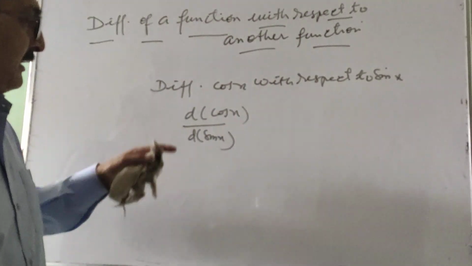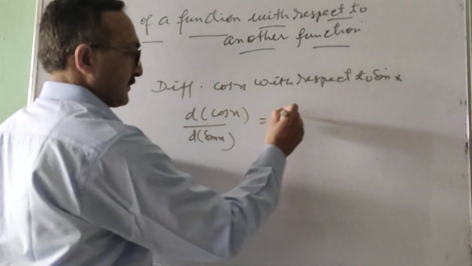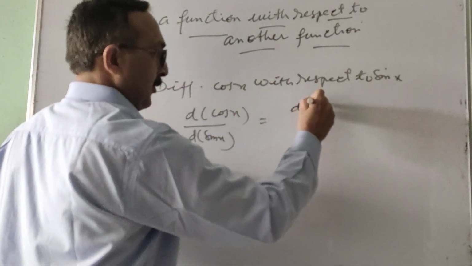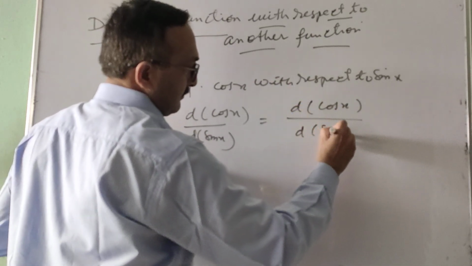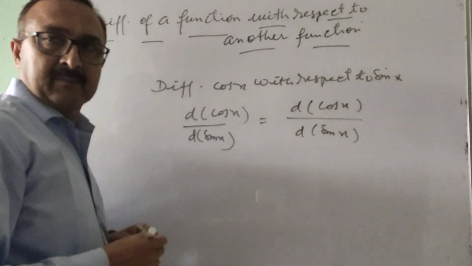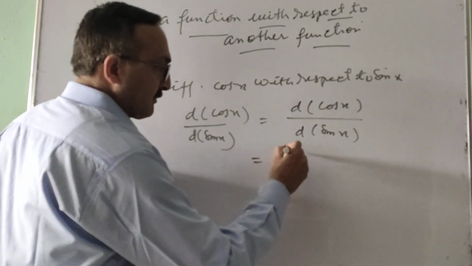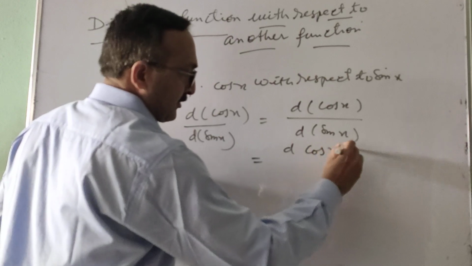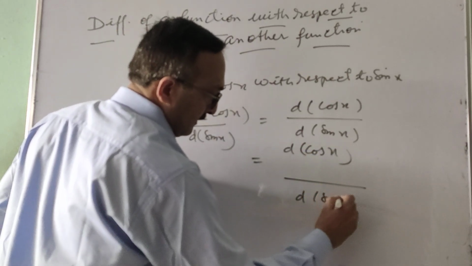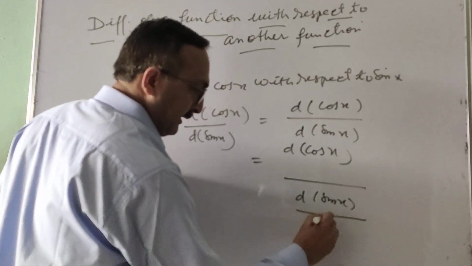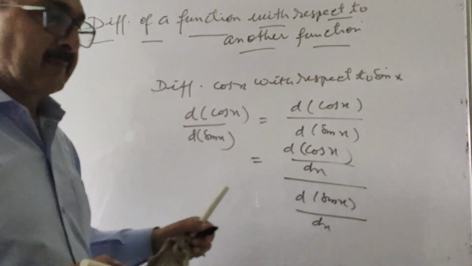So now I have written d upon d sin x of cos x, or, properly, d cos x upon d sin x. Can we do it like this: d cos x upon d sin x, divide by dx in numerator as well as denominator.